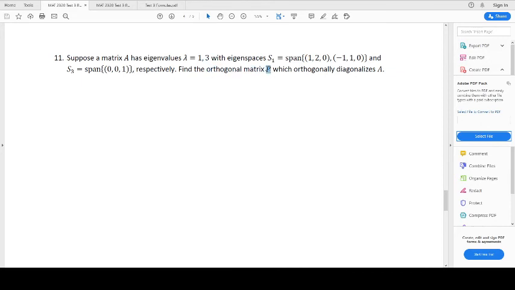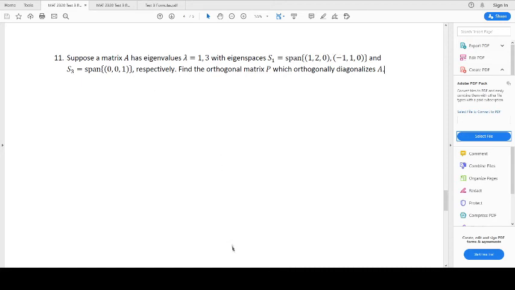Remember, if we want to find the P matrix, if we want to diagonalize a matrix, we need the eigenvectors first. So we already have those. So all we really need to do is put these eigenvectors together. We have 3 eigenvectors right here, 2 that come from the 2-dimensional subspace for this first eigenvalue, and then the 1 from this other eigenspace.